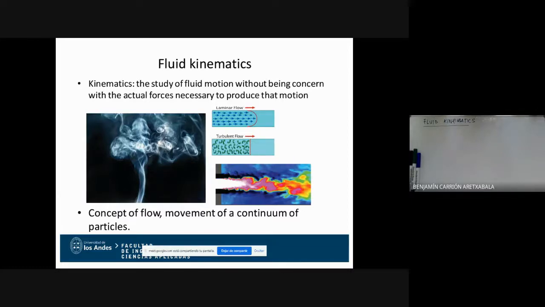We already studied the static part. Now we're going to get into kinematics, which has to do with velocities, and at some point we're going to get into dynamics, which has to do with the actual forces driving motion. But for now, we're only going to describe the flow, not go into why the water or the fluid is flowing.